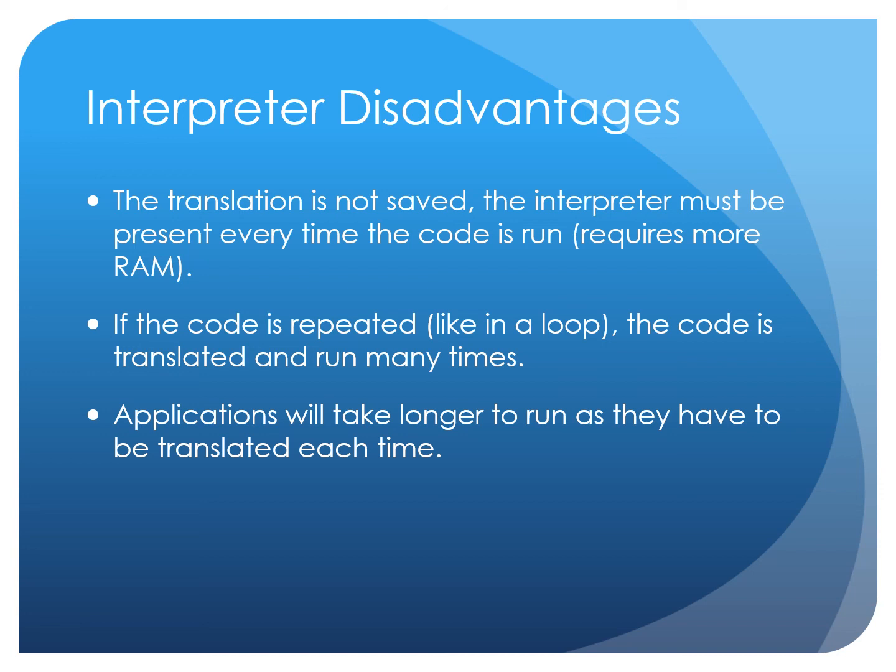If the code is repeated, like a loop, the code is translated and run many times. For example, the code would be run 100 times in the loop and translated 100 times. Applications will take longer to run as they have to be translated each time they are used.